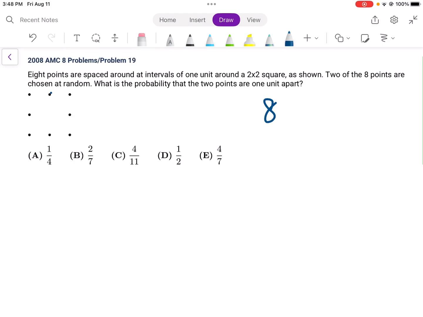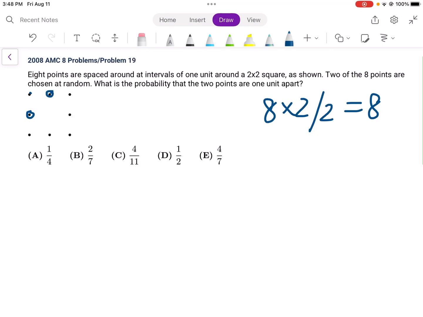For example, if we choose this point first, then we can choose either this point or this point as its neighboring point. So that's 2 choices. And then because the order of the 2 points we chose doesn't matter, this should be divided by 2. And so that's 8 total choices where the 2 points are 1 unit apart.